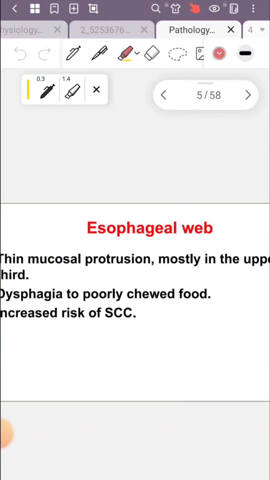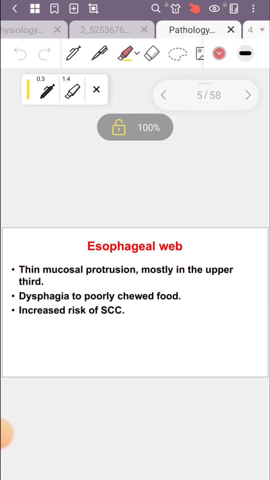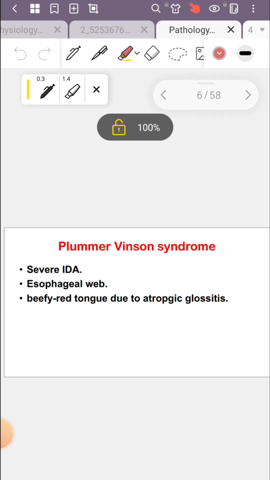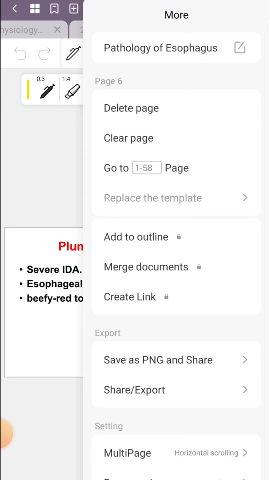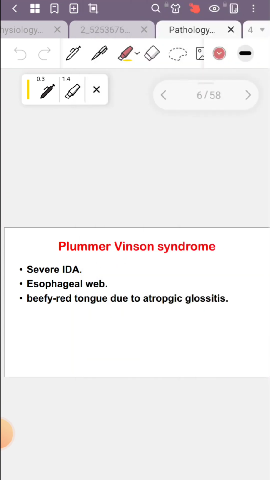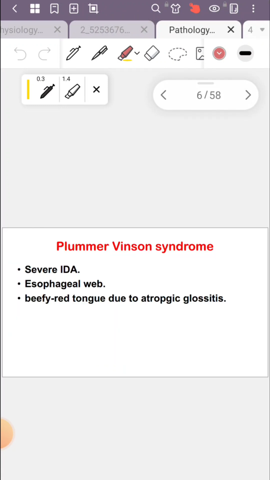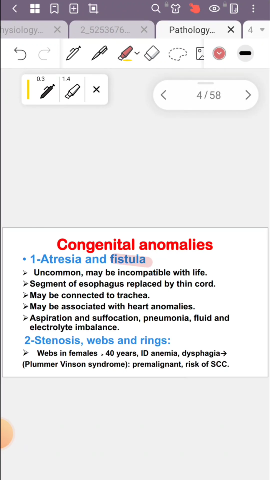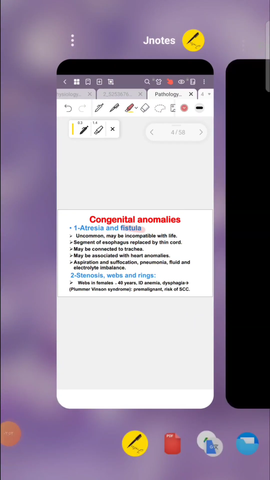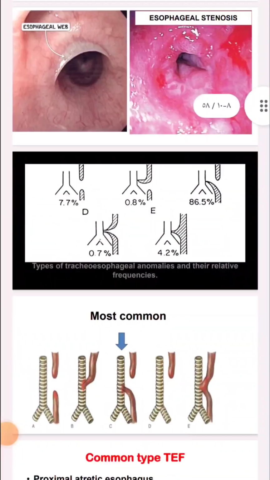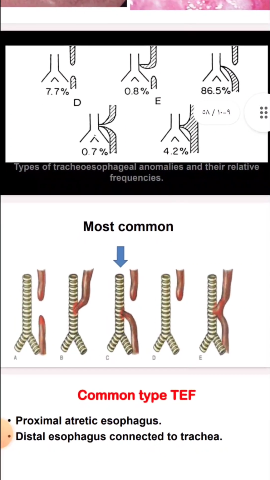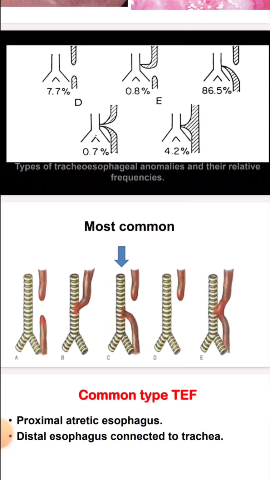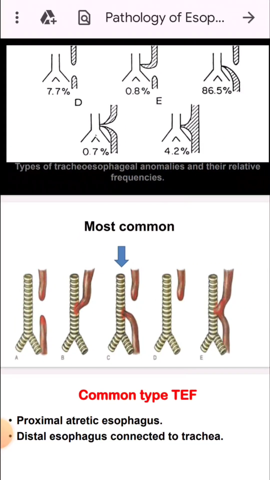Regarding tracheoesophageal fistula, there are five types of presentation. The most common one is an upper blind loop, or upper esophageal atresia, with a lower tracheoesophageal fistula, when the upper segment is blinded or atretic and the lower esophagus is connected to the trachea.